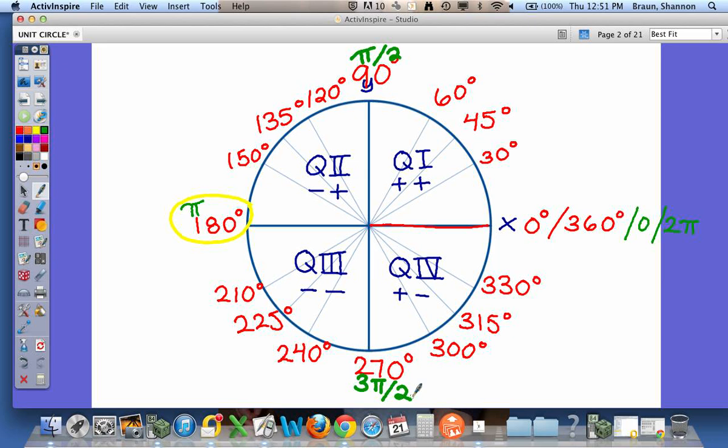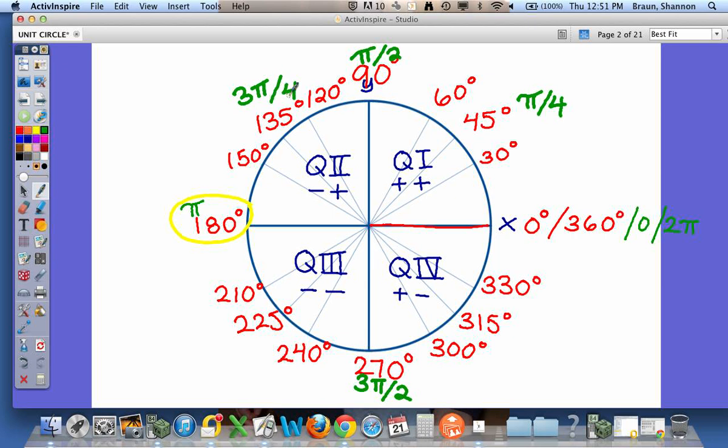If 90 degrees is pi halves and 45 degrees is half of that, what are my increments of 45 degrees going to be in? It's a half of a half: fourths. So 45 degrees is pi fourths. Here's 1/4 pi, 2/4 pi, which reduces to 1/2 pi, or pi over 2. Then 3/4 pi, and we always write it as 3 pi over 4.